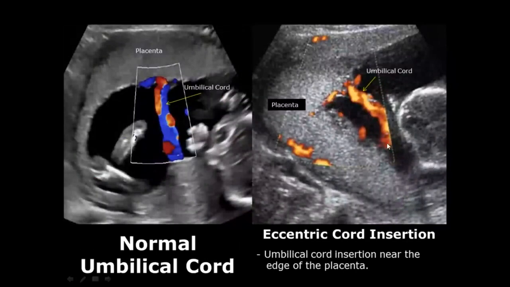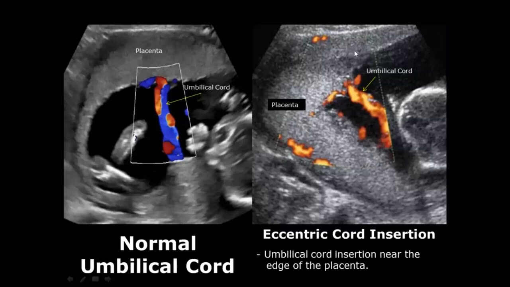Now we move on to umbilical cord insertion. Normally the umbilical cord should enter the placenta at its center, but in the case of eccentric cord insertion, the cord enters the placenta near the placental edge instead of the center.